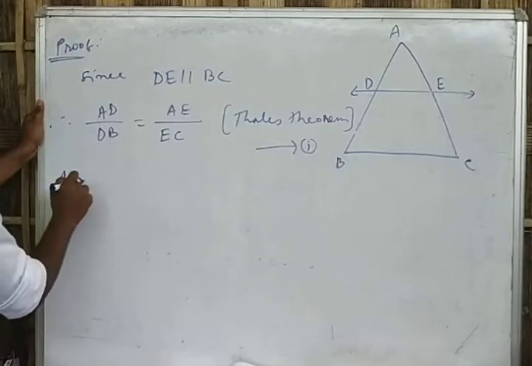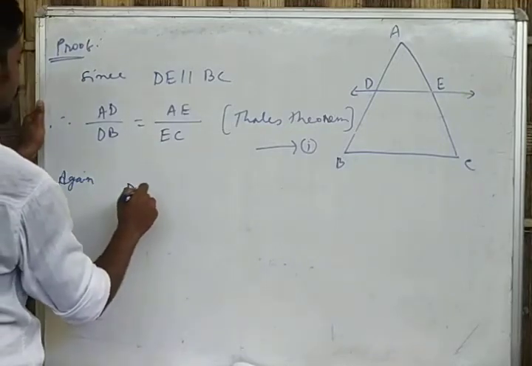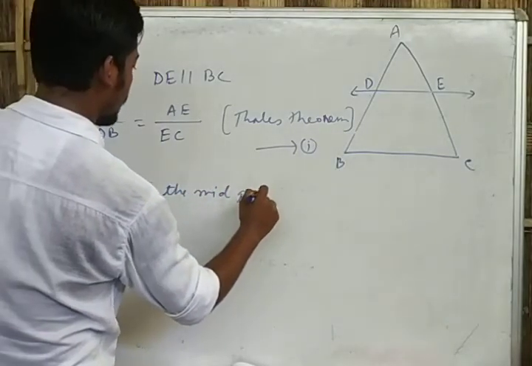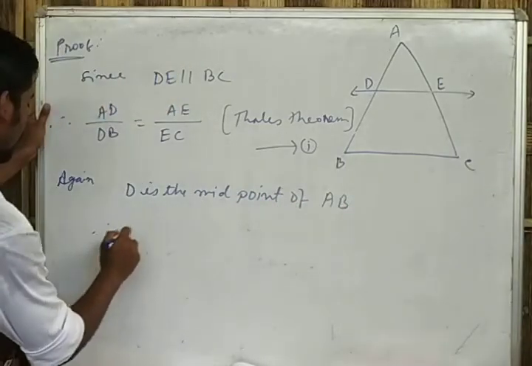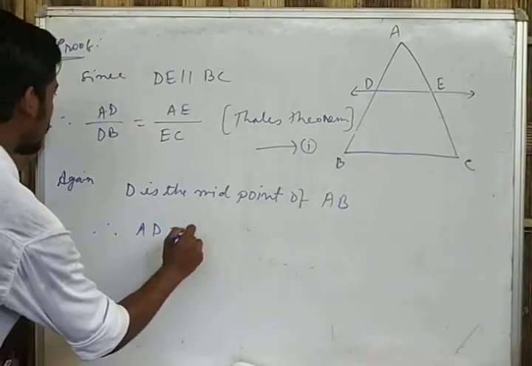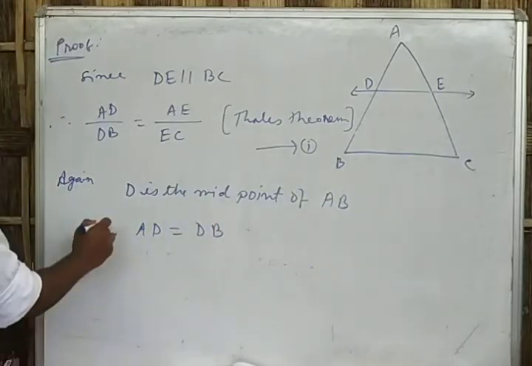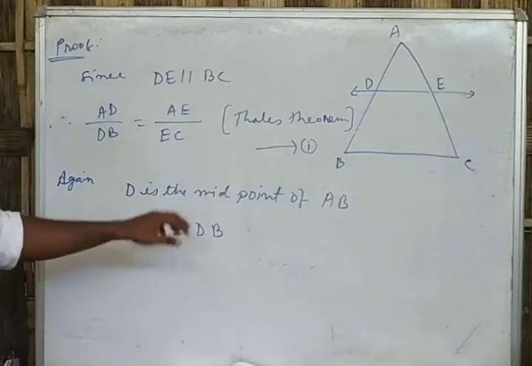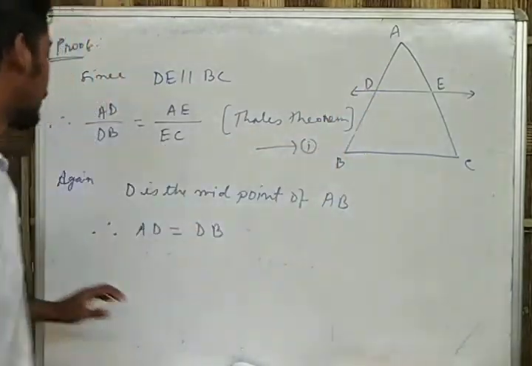Again, D is the midpoint of AB. Therefore, AD is equal to DB.